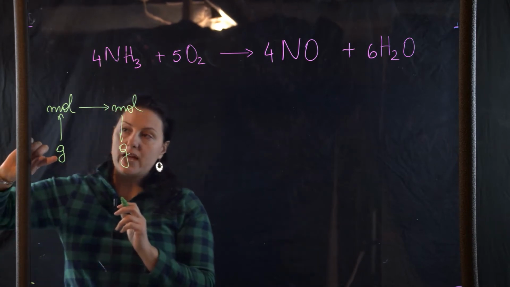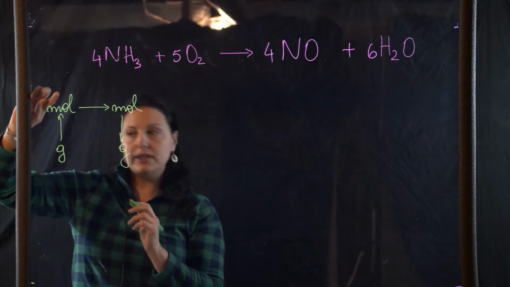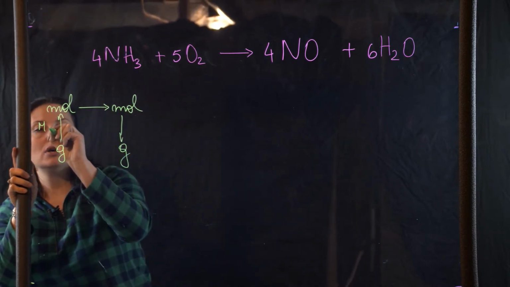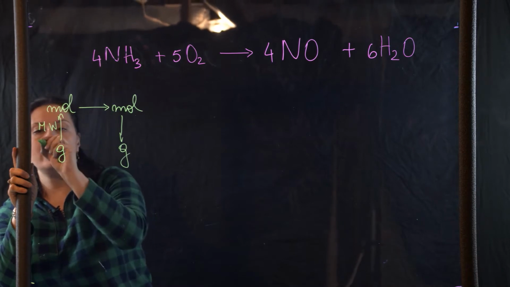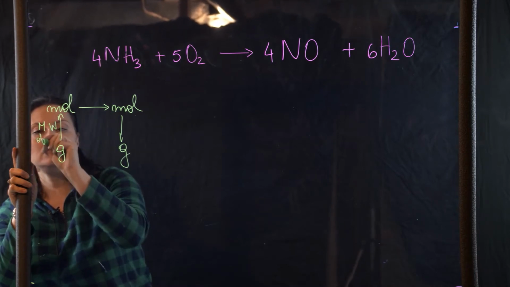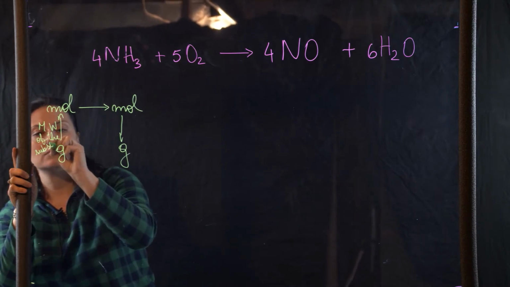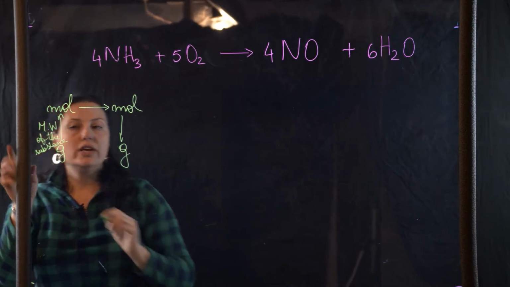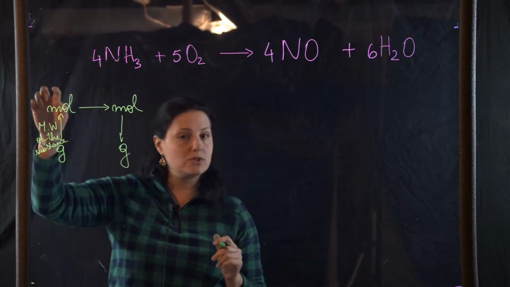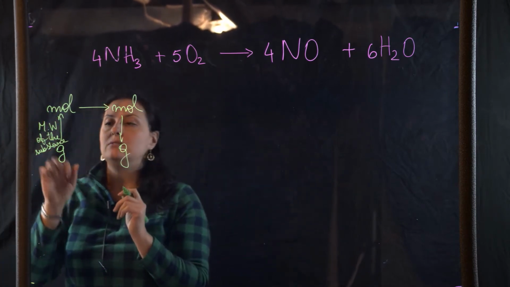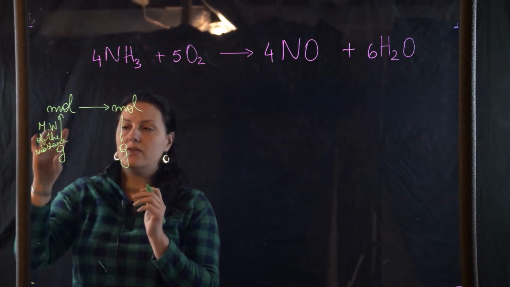To go from grams of one substance to moles of that substance, you must use the molecular weight of that substance. You cannot use anything else to go from grams to moles or moles to grams. You have to use the molecular weight of the substance.